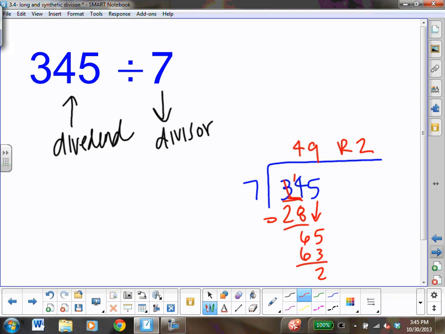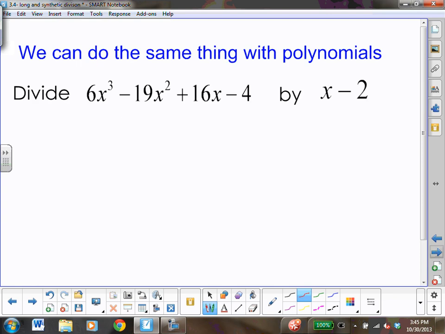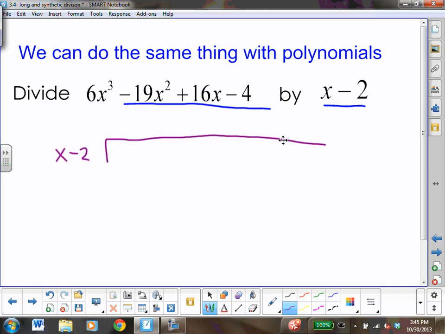We can apply the same concept to polynomials. This is your dividend, and this is your divisor. So I have x minus 2 goes on the outside, and 6x cubed minus 19x squared plus 16x minus 4 goes inside the house.